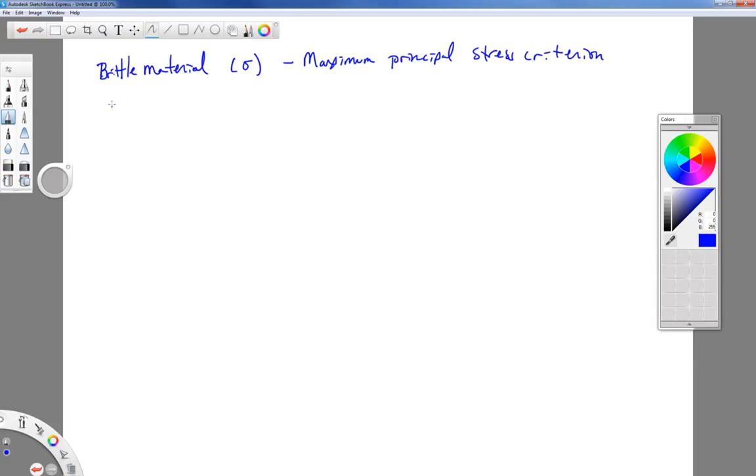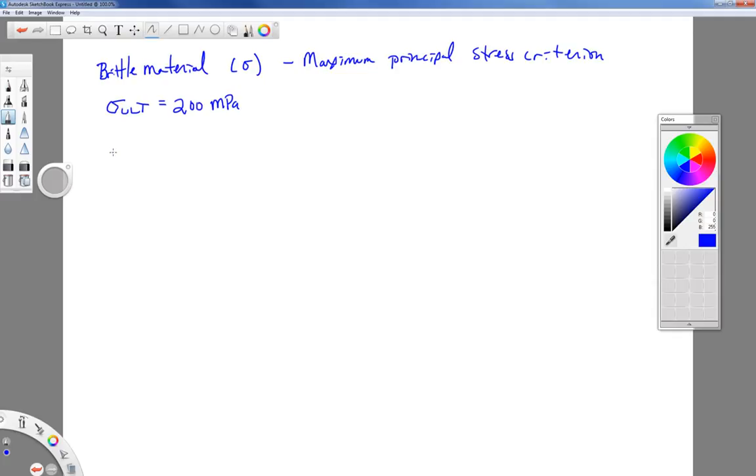So I would have to say in a problem statement that you have a brittle material and it has an ultimate strength of something. Let's say it's 200 megapascals. And I would have to give you a stress state. We can go back and look at the stress state that we used earlier.